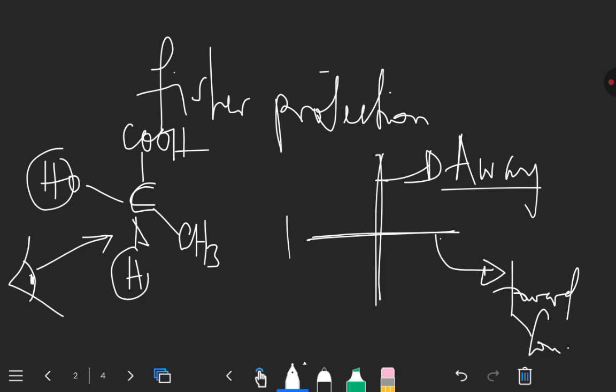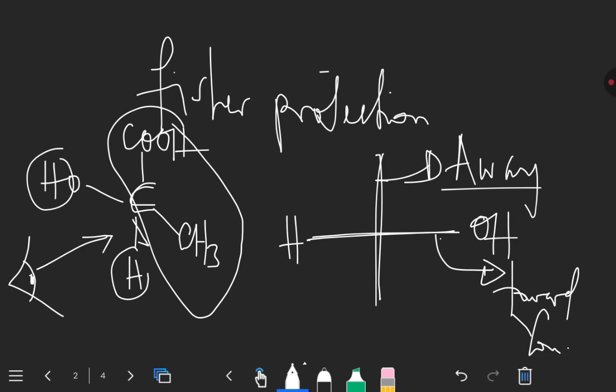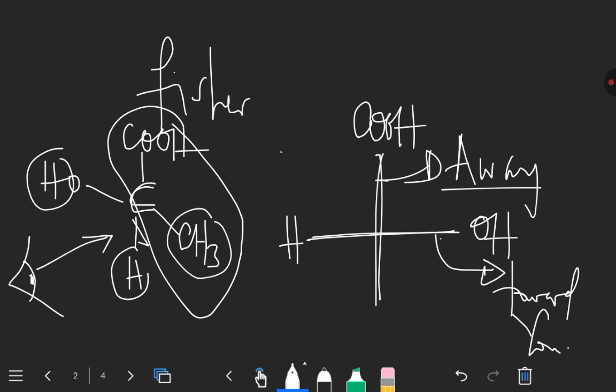We can place our hydrogen this side and our hydroxide the other side. Then the two groups which appear to be away from us will be on the vertical axis. I can write our carboxylic group there on top, then I'll have our methyl group there.